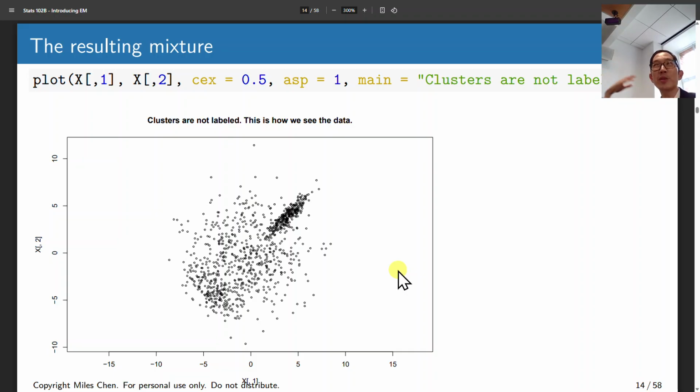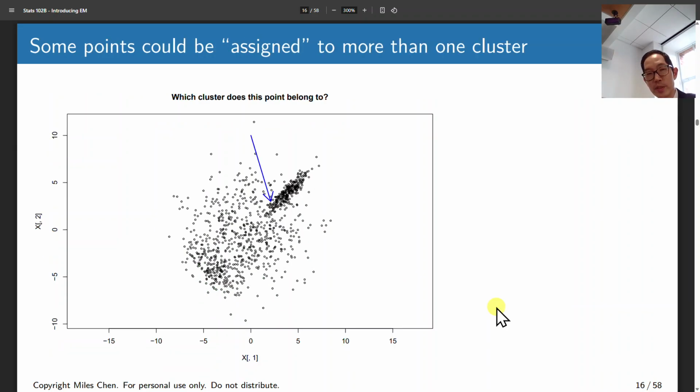All right, so that part we have to kind of decide. And we're going to look for 3 clusters, and for these 3 clusters, I've got to find the mean and the variance of each of these things, okay? And as we do this, if you look at one of these points, there's this question of, if I have a point right here, which cluster should I assign it to?